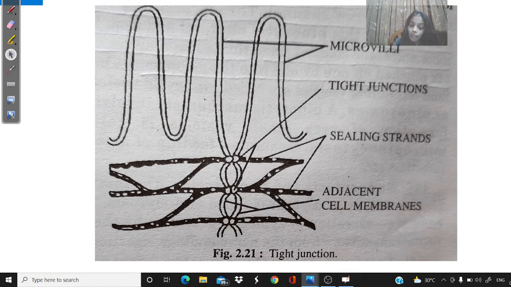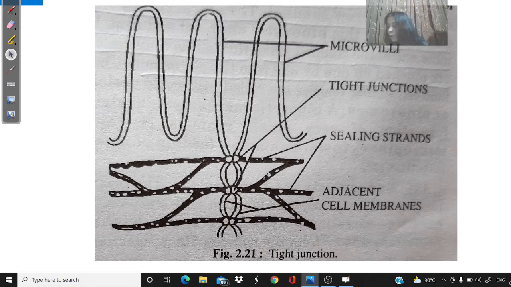What happens is, the two cell membranes, as if they are sewed with one another, as if they are stitched. So they are sealed, and they are sealed by certain proteins which are called the sealing strands. So basically these are two cell membranes which are sealed at certain points. Over here there is a stitching, here there is a stitching. These are the sealing strands. So this forms a kind of communication between two cells.